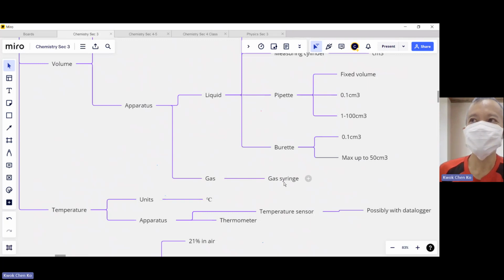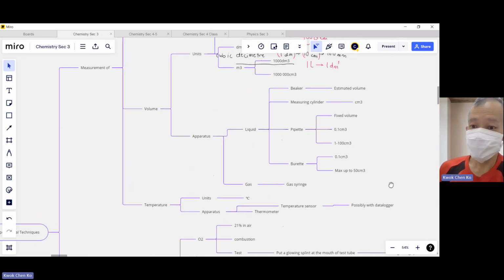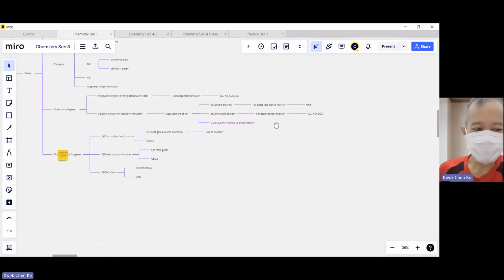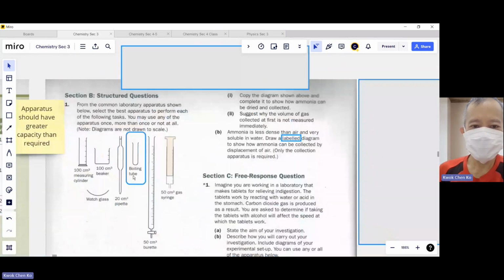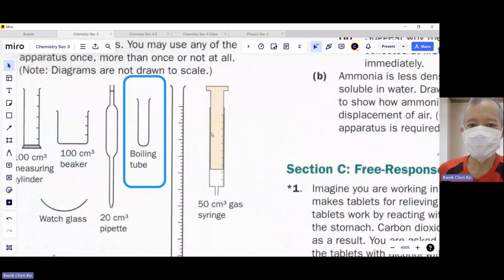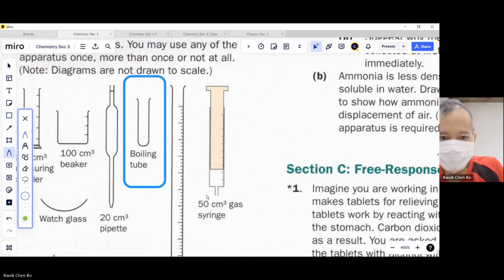Gas syringe, have you seen it before? No. Okay, I don't have it to show you, but it looks something like this. Actually, it's no big deal. It just looks like a normal syringe. Let me just draw here. What happens is you allow the gas to enter here.